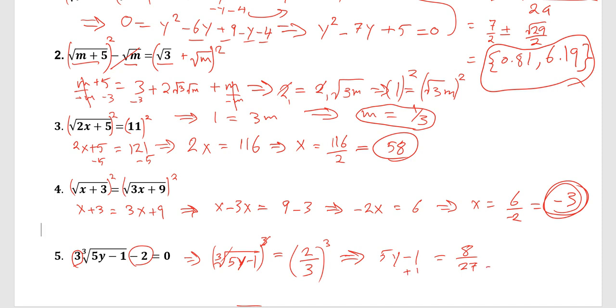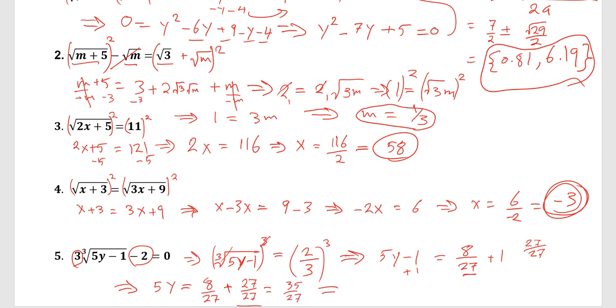We can add 1 to both sides, so that gives us 5y equals 8 over 27 plus 1. The 1 is added to the whole fraction, but it's equivalent to 27 over 27, because I want the same denominator so I can do the addition. So 8 plus 27 is 35 over 27.